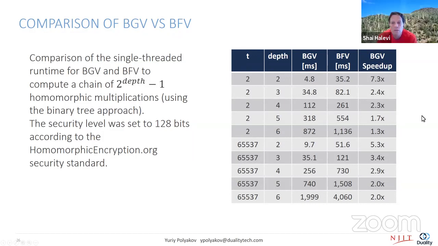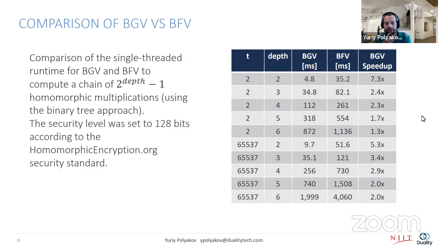Yuriy, question, do you have any kind of results for really deep circuits, depth 40, 80? Probably the computation would have to be different. I did not run them, but I think the trend can be seen from this table. As we increase the depth, the effect becomes less significant because the key switching starts dominating more and more, which is actually what we saw in the BFV table previously.